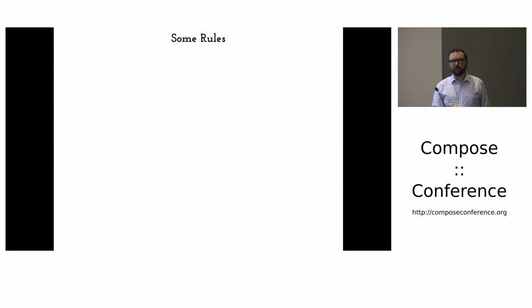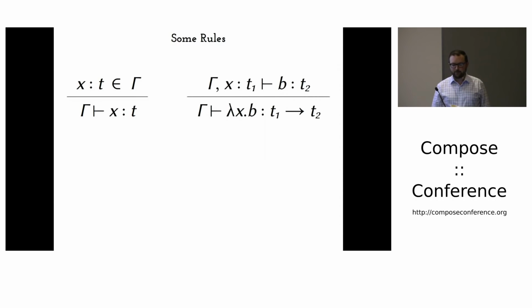So, some of these inference rules that I've been using: the first one says that if we want to know that x has type t in some context gamma, then we look up x in gamma and see indeed that it is t. Likewise, for lambda, if we want to know that lambda x b is a function from t1 to t2, then we extend gamma with the knowledge that x has type t1, and then check that b has type t2.